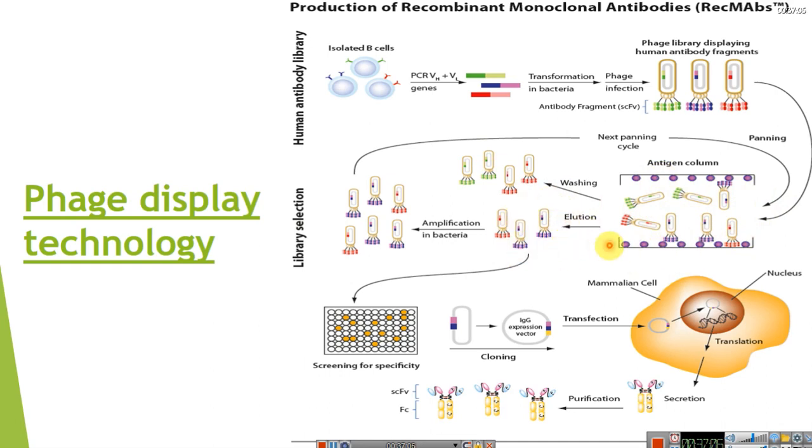Only the phages that bind tightly with the antigen will come in the elution. But this process will be repeated, so ultimately we will be able to get only the phage that has the V region or scFv region, single chain variable region, capable of binding to the antigen.